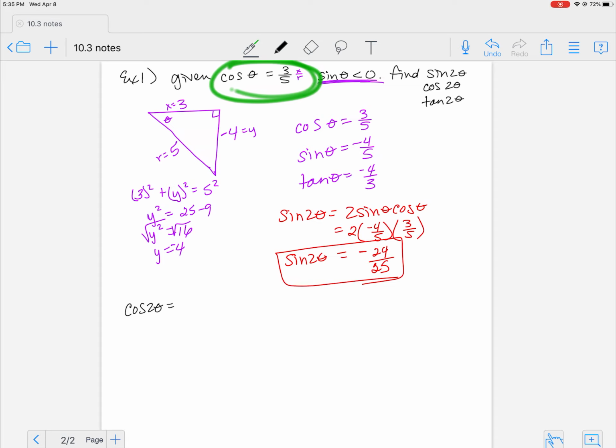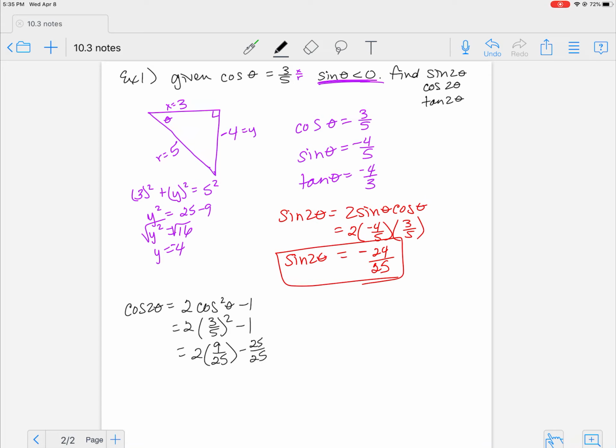Then we just do tangent and cosine. For cosine, you can do whatever the heck you want. You've got 3 choices for cosine. Let's change up our colors. So if I have cosine 2 theta, you can do whatever you want. I'm given cosine up here, so we might as well just use that cosine formula, where it is 2 cosine squared theta minus 1.